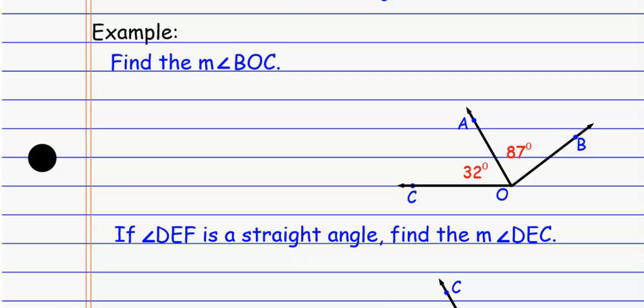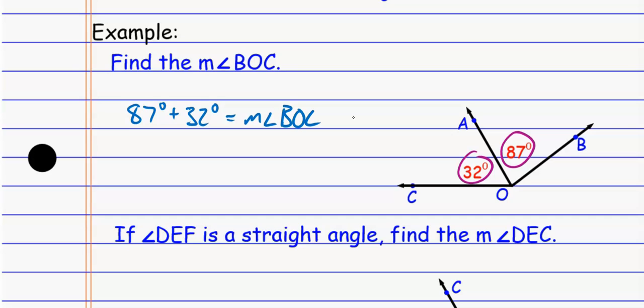If I look at this, it says find the measure of angle BOC. And angle BOC is the whole angle. Well, the whole angle should be the smaller angles added up. So if I want the measurement of that guy, I just add these together. I say, hey, the 87 plus the 32 should equal the measure of angle BOC.